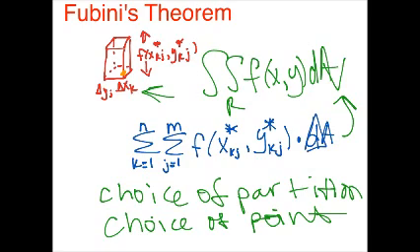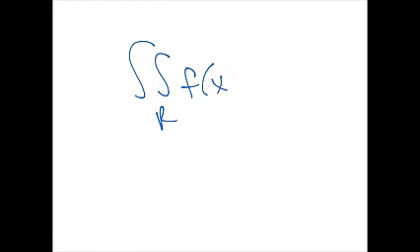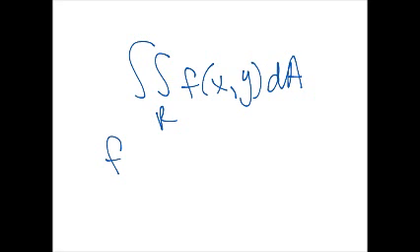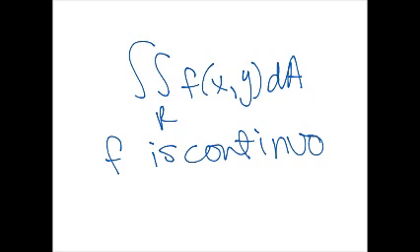So now we have to understand that this double integral over R of f of x, y dA only exists if the function f is continuous over this region R.